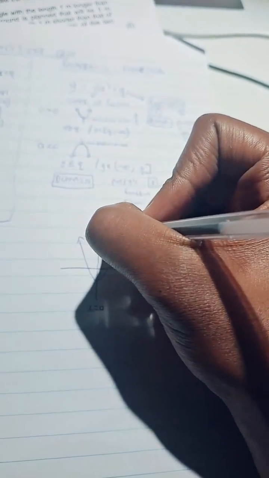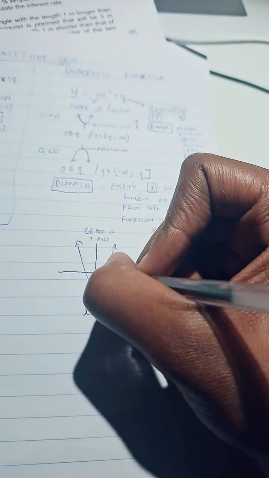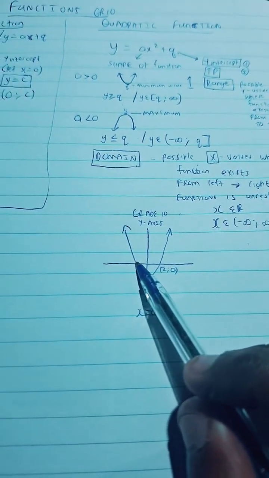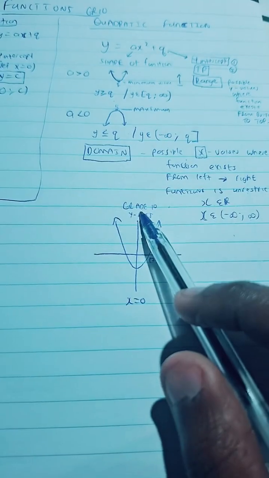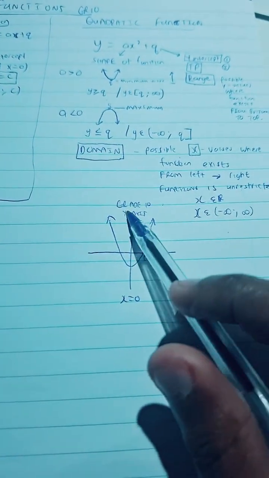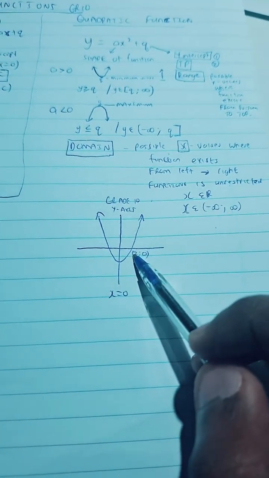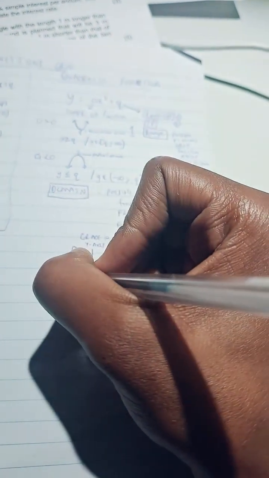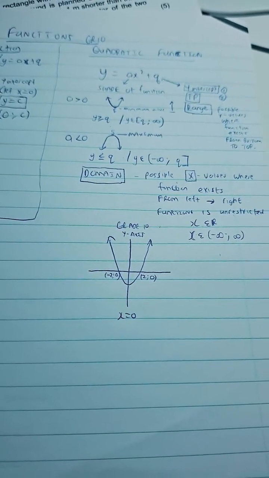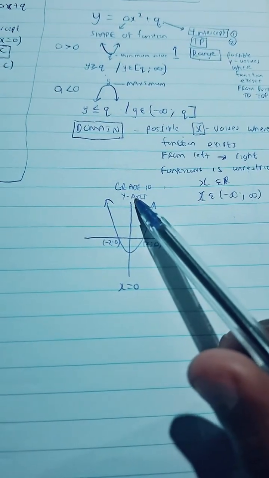So that means, if for instance we know that the x-coordinate here is 2 and 0, even if you don't know what this other point is, you can know what it is, because this is symmetrical along the y-axis. So if this is 2 and 0, it goes without saying that this side is negative 2 and 0. Always, guys.